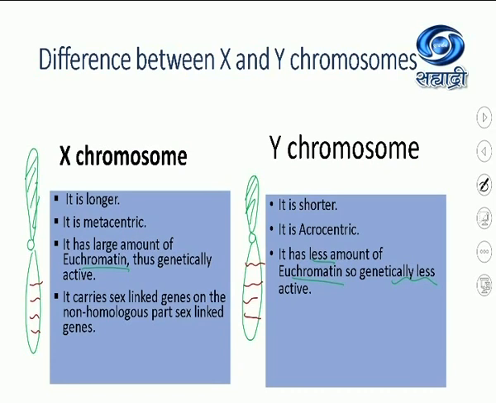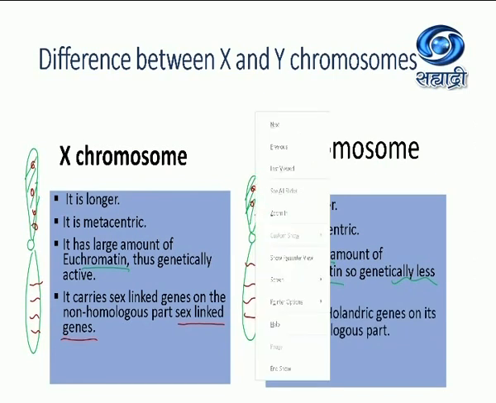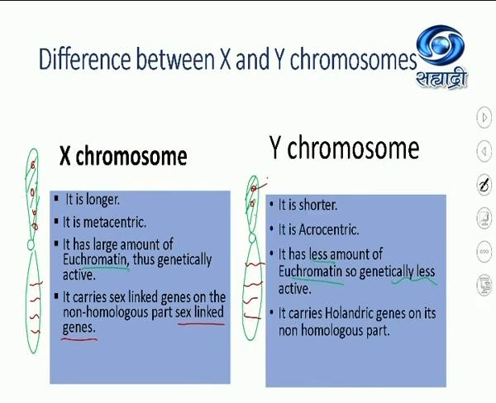The genes that are located on the non-homologous part of the X chromosome are called sex-linked genes. And the genes that are present on the non-homologous part of the Y chromosome are called holandric genes.